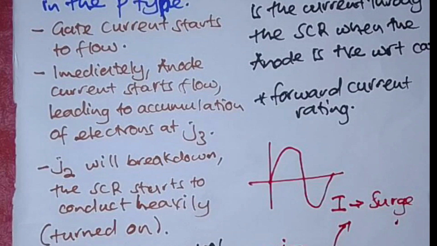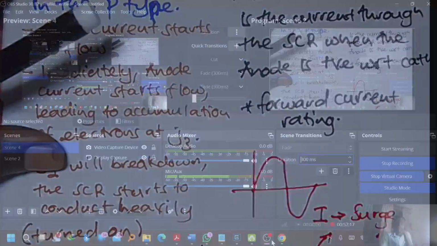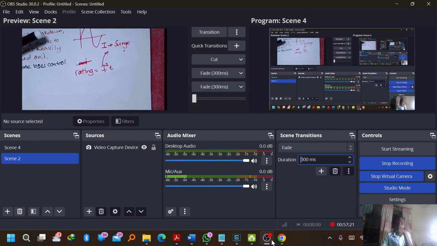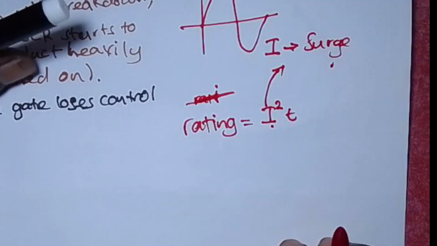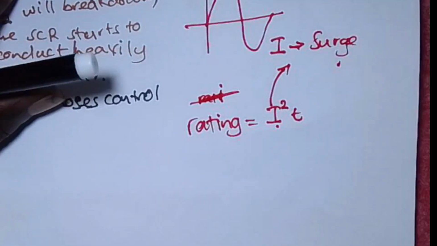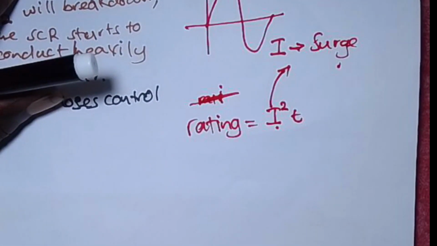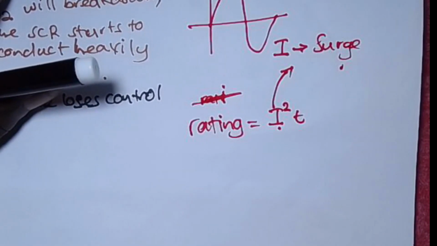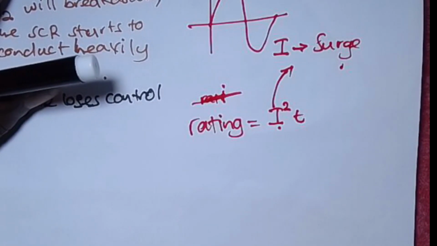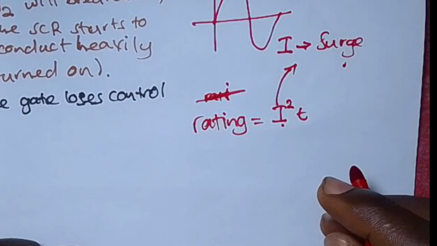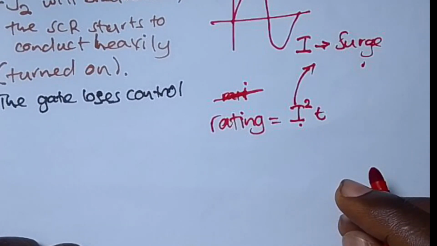And then this T here is the duration at which the surge occurs. I don't know if I have put that in simpler words, but I hope we are together. Are we together? Yeah, we are together.